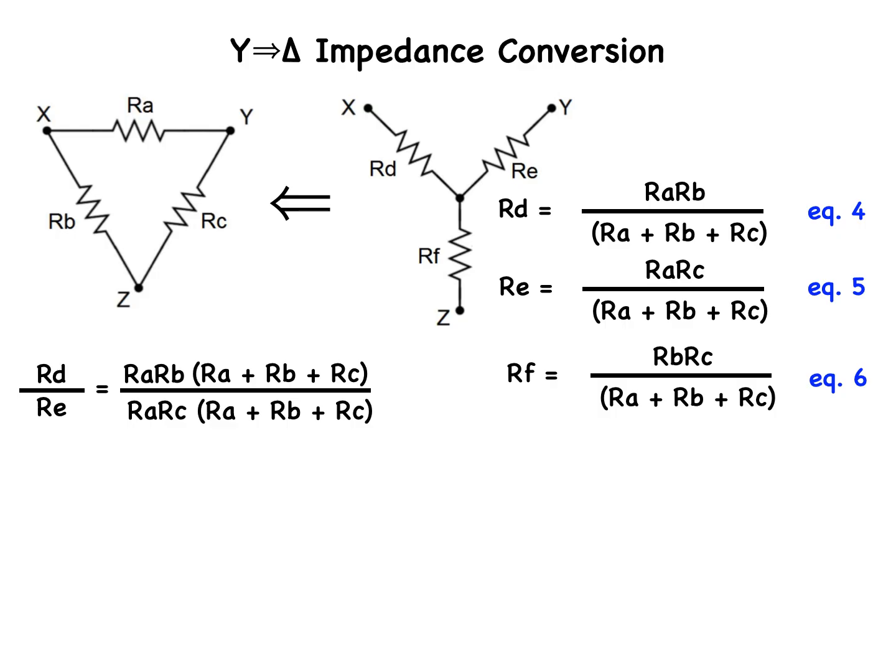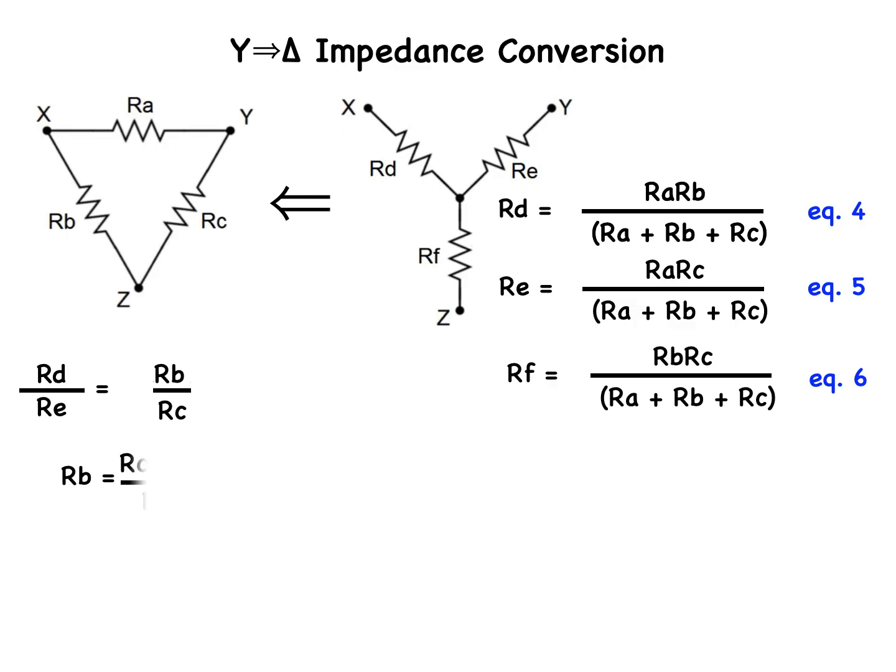The common terms in the numerator and denominator cancel out, the quantity RA plus RB plus RC and RA, leaving us with just RD divided by RE is equal to RB divided by RC. We can rewrite this equation and now get the equation for RB, which is equal to RC times RD divided by RE.